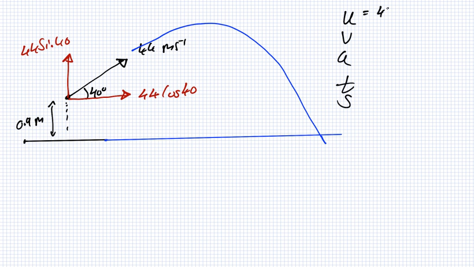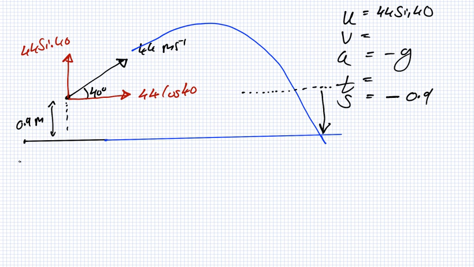U is 44 sine 40, v we don't know, a is minus g, t is what we want, and s is minus, and the minus is important, 0.9, because the ball is 0.9 of a meter vertically lower than when it started.